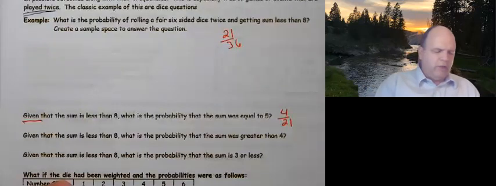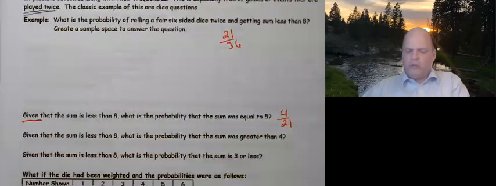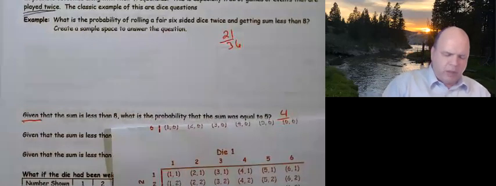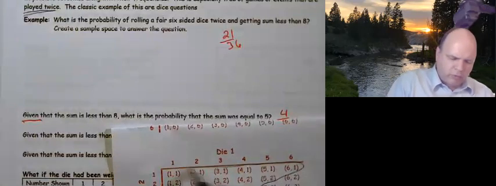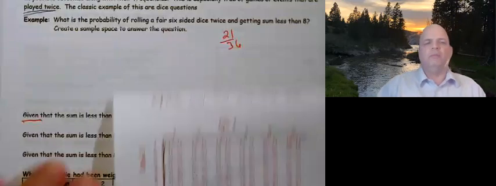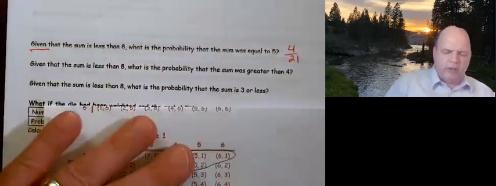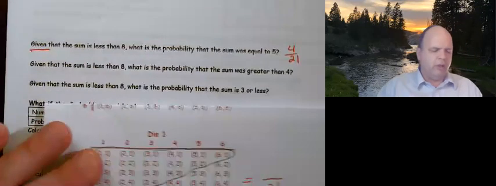And the last one, given the sum is less than 8, what's the probability the sum is 3 or less? So this time we're actually including the number. And once again, less than 8. So we're looking at these numbers right here. And that's my denominator. So we know the denominator of this case is 21 because we've done this several times now.